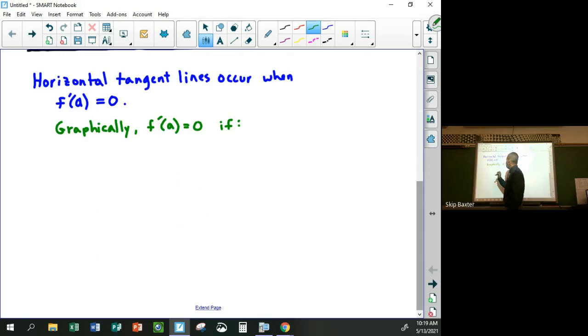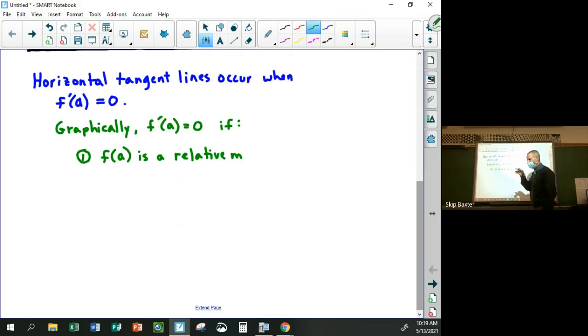there's really 3 options. First of all, f of a is a relative maximum, which just means that it's the highest point in its little neighborhood of points. Graphically, that would be a high spot on the graph.